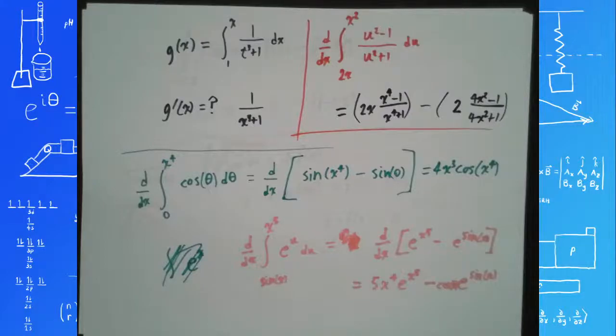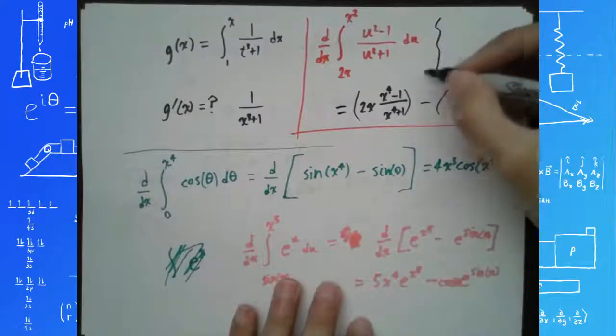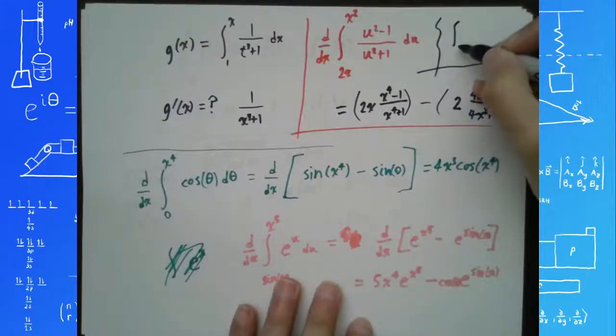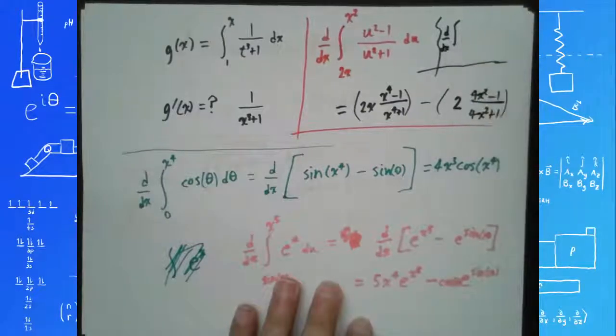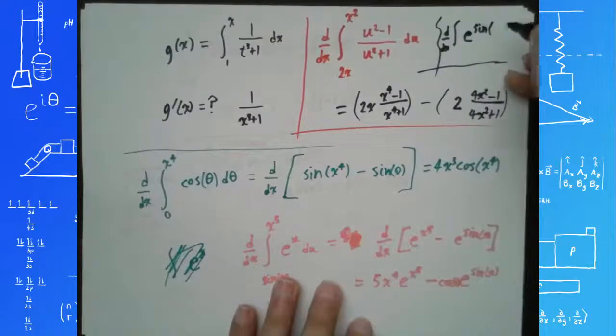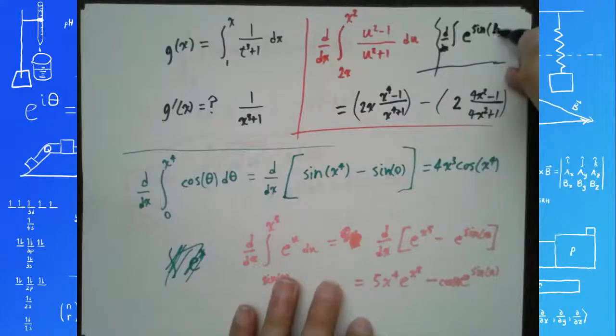Okay, what about this one? What if I did the derivative of the integral of e to the sine of the natural log of x to the fifth?